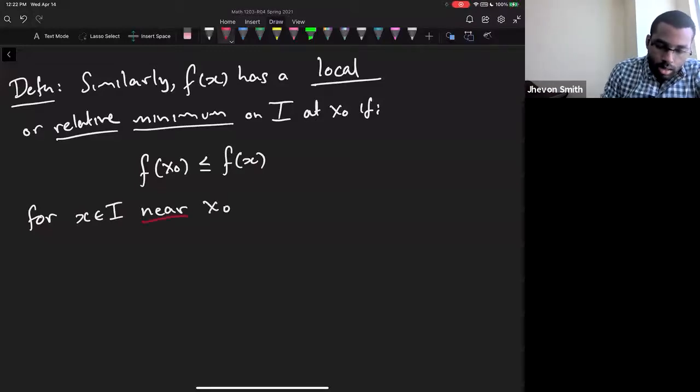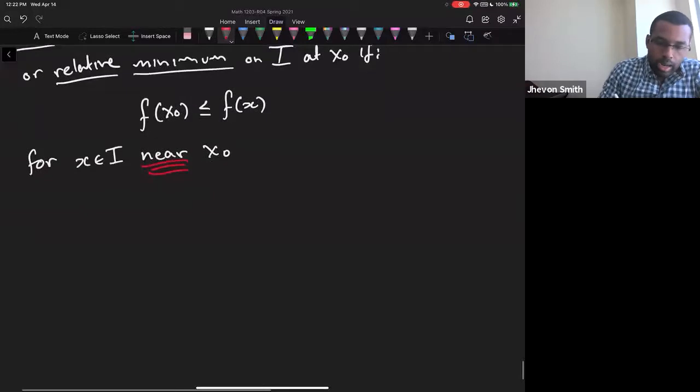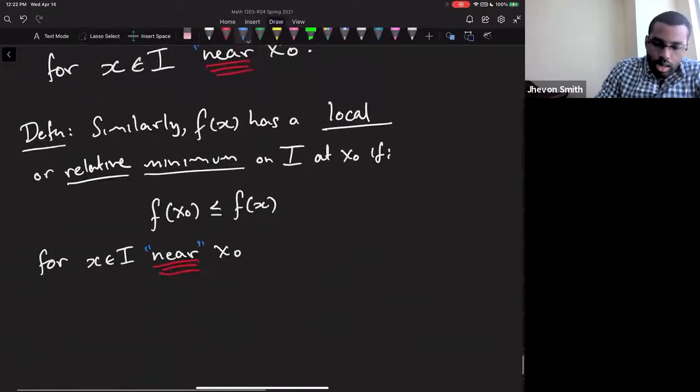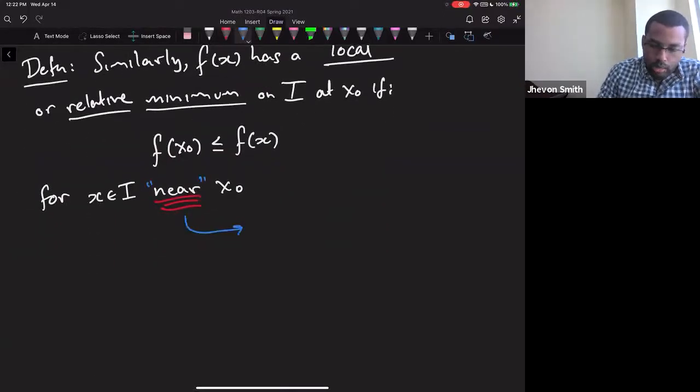And near is a vague term, which just means for some open interval, very small.